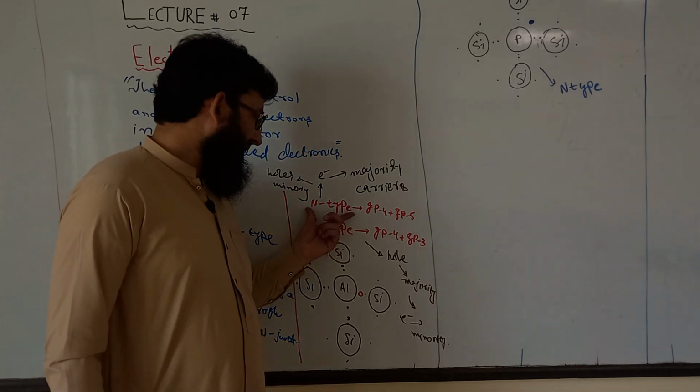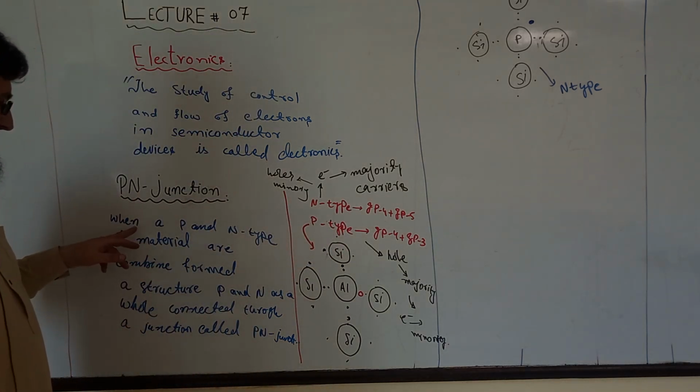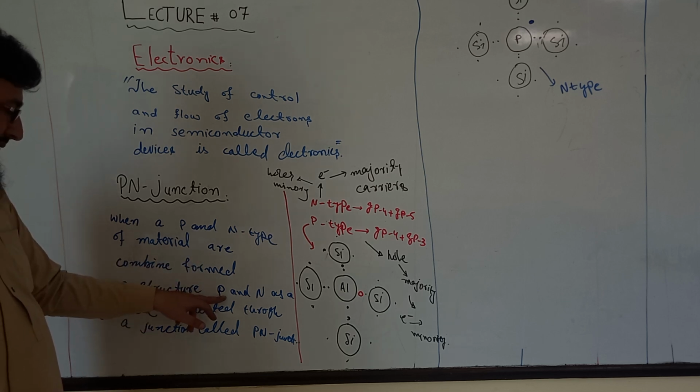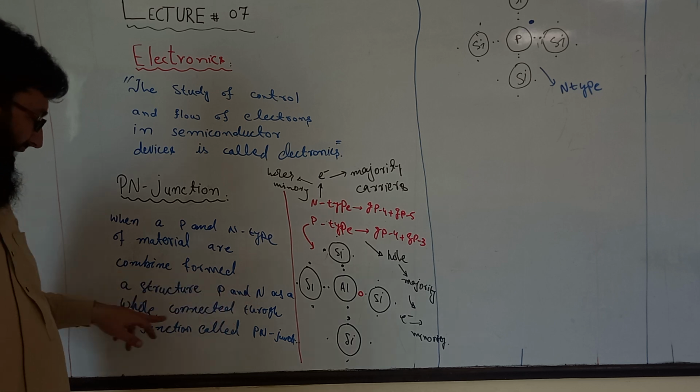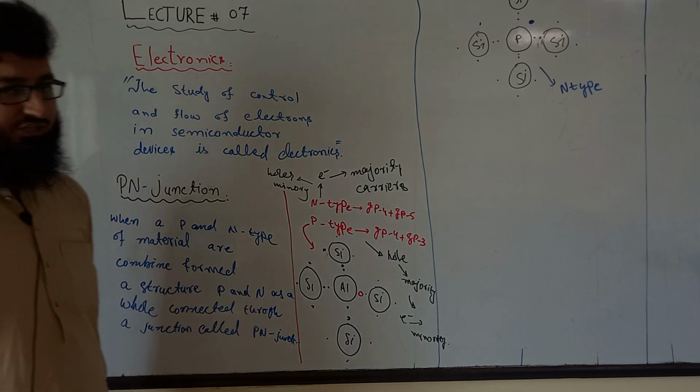Okay? So now what is p-n junction? A p-n junction has a definition like this: when p and n type materials are combined, they form a structure, p and n as a whole, connected through a junction, called a p-n junction.